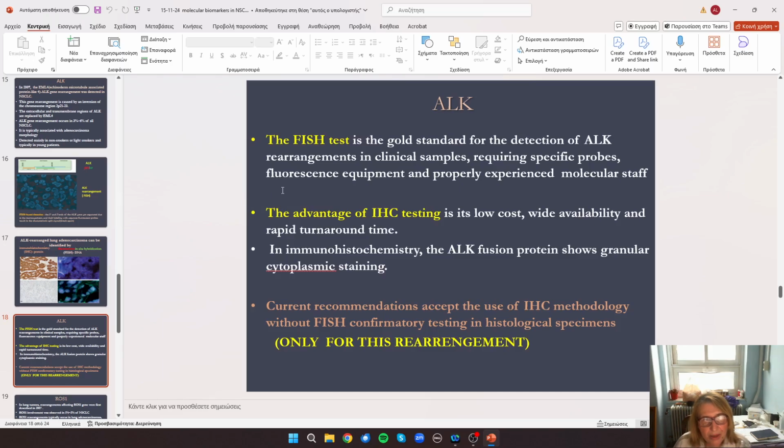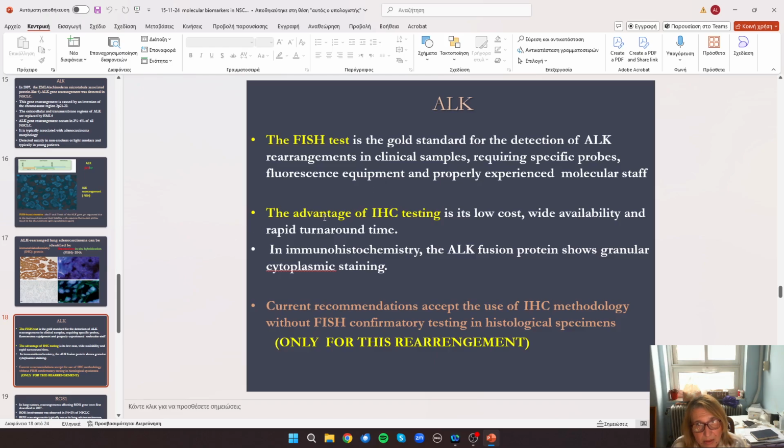The FISH method is the gold standard method for the detection of rearrangements for all genes, amplifications, and deletions at tissue level. It's a morphological molecular technique.